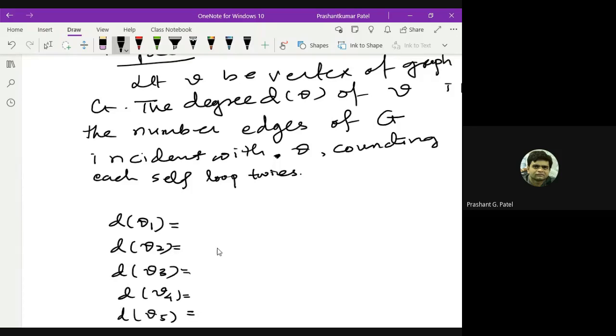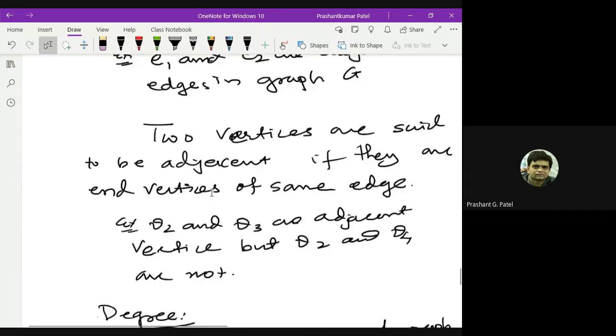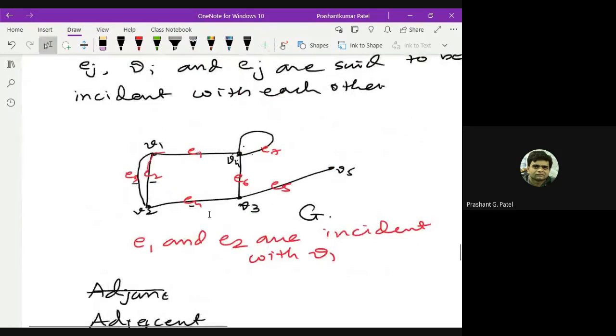I'm giving you a few minutes to calculate this. Go back to the figure. Calculate the degree of each vertex.